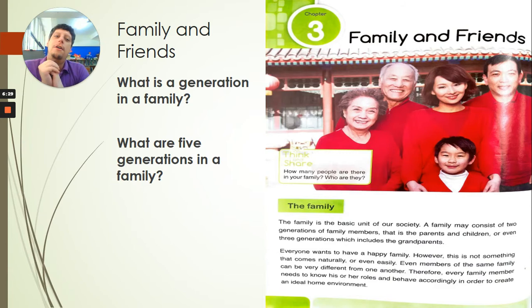So maybe if you have a very big family living in a house, you will have grandparents, then parents, then children, and then grandchildren. So the children's children become grandchildren. So that would be 4 generations living in one house. So as you can imagine, every family has lots of different generations.